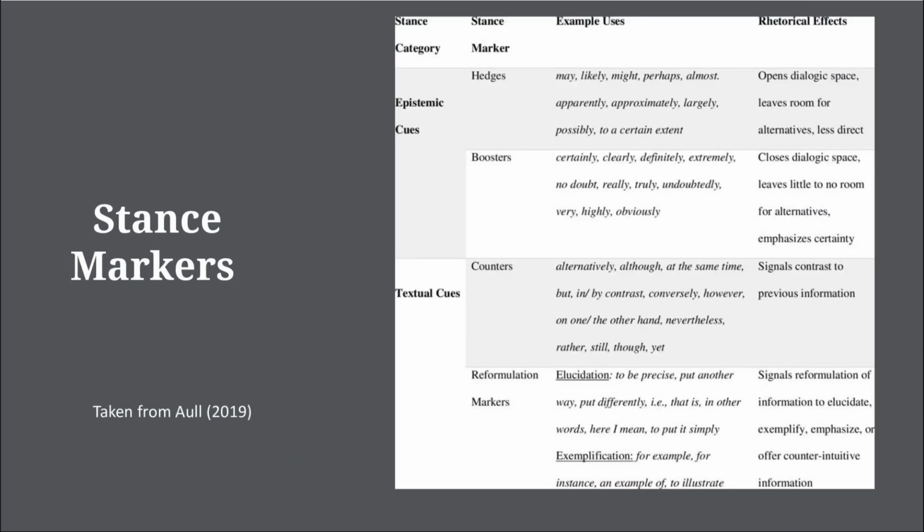And in this table, you have markers in terms of hedges, boosters, counters, and reformulation markers. And what are the examples of them? And then what is the effect from the rhetorical point of view? For instance, when you say "certainly" that this is in this way, you are closing the dialogical space. You say, it is in this way, not other way. Forget about it. No alternative.